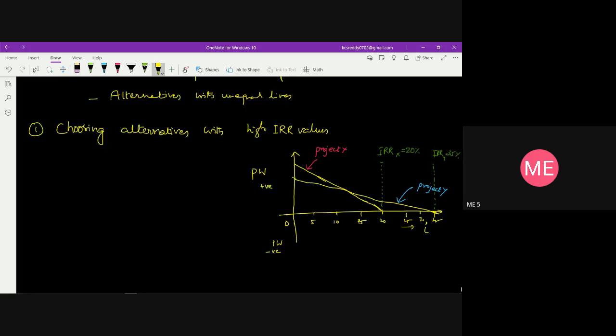In that case, we choose the alternative with the highest present worth. In most cases, the higher values correspond to a higher present worth.